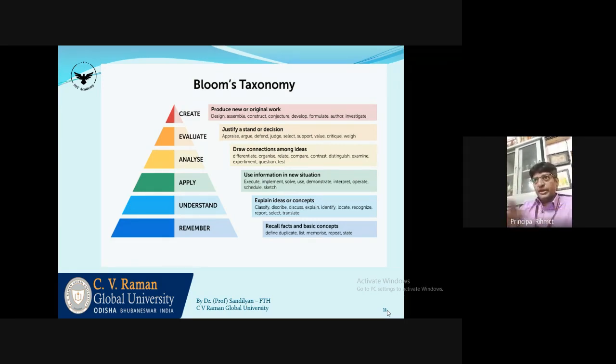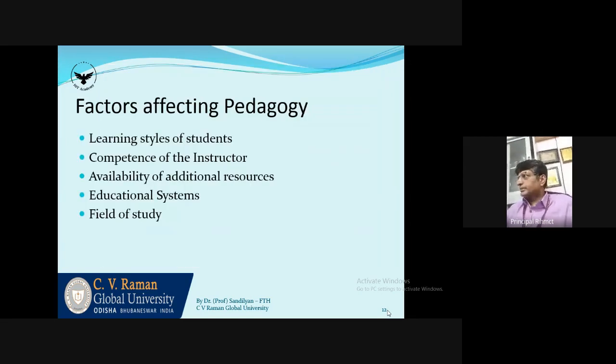Sometimes giving the base, you allow the student to create a new product or a new formula or a new model. That is the highest level of teaching learning process, creation, knowledge creation, and this is what all the academicians must look at achieving in a classroom. So can we move on to the next slide now?